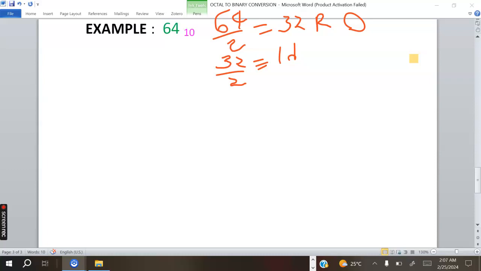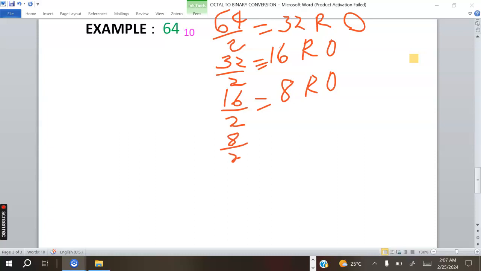Okay, no problem. We have 16 remainder 0. Then we have the 16 divided by 2, you get 8 remainder 0. Then we have the 8 divided by 2, you get 4 remainder 0.